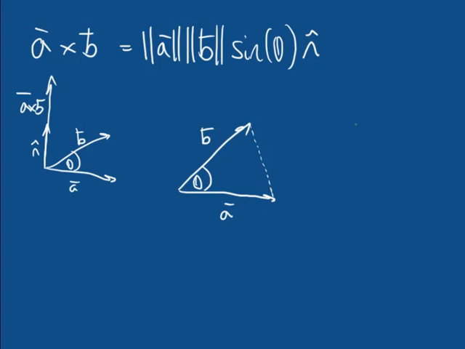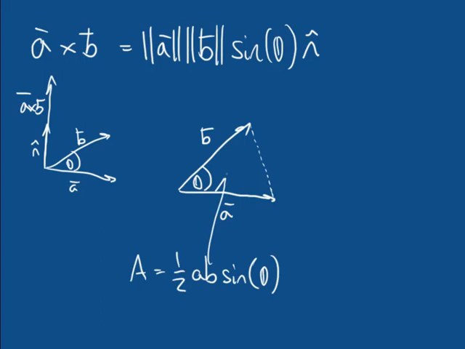So if you recall, we saw that the area of an arbitrary triangle is equal to half of the length of one of the edges, multiplied by the length of one of the other edges, multiplied by the sine of the angle between them. And that was written as the area is equal to half AB sine of theta.